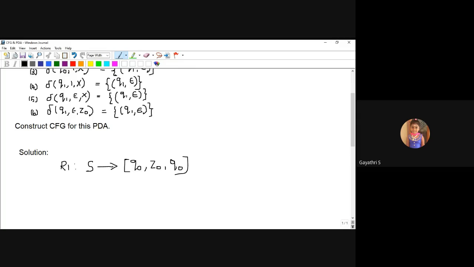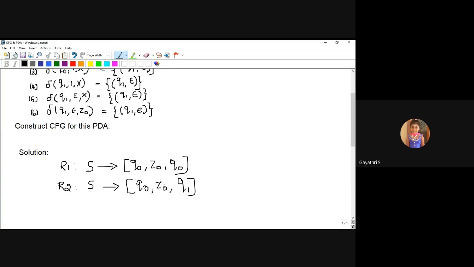The second initial rule is the case where it may move from Q naught to Q1. So the second initial rule again starts with S, the starting state is Q naught, the initial stack symbol is Z naught, and it may move to the state Q1. These are the two initial rules.